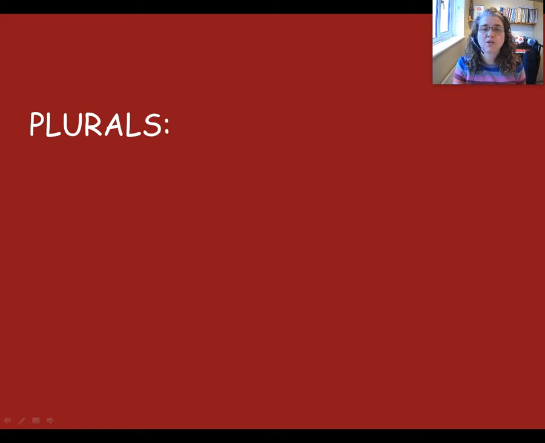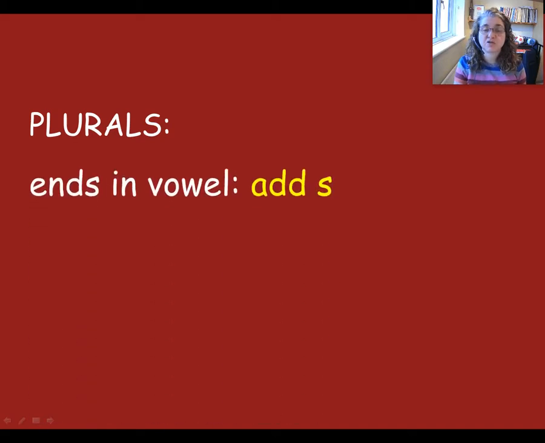Then we looked at the changes that we need to make if there is more than one of the animal. Can you remember what happens if the noun ends in a vowel in A, E, I, O, or U? How do we make that one plural? That's right, we add an S on the end. What about if the word ends in any other letter?